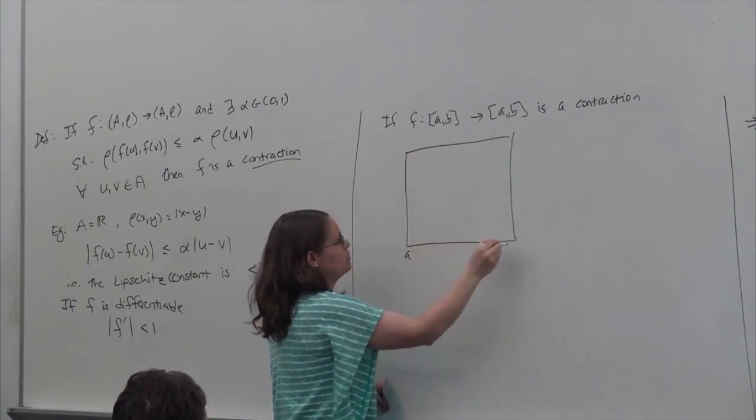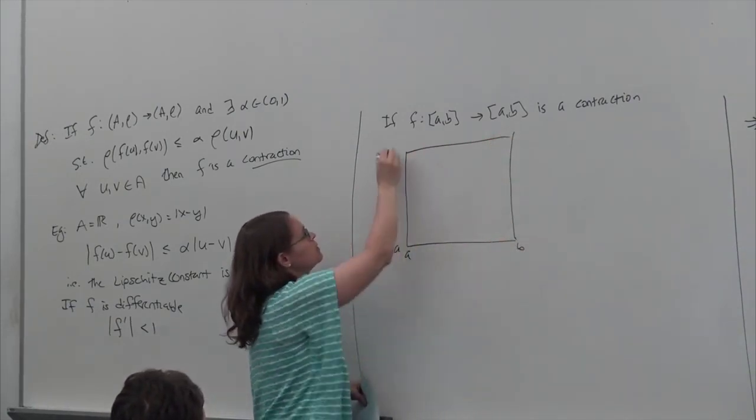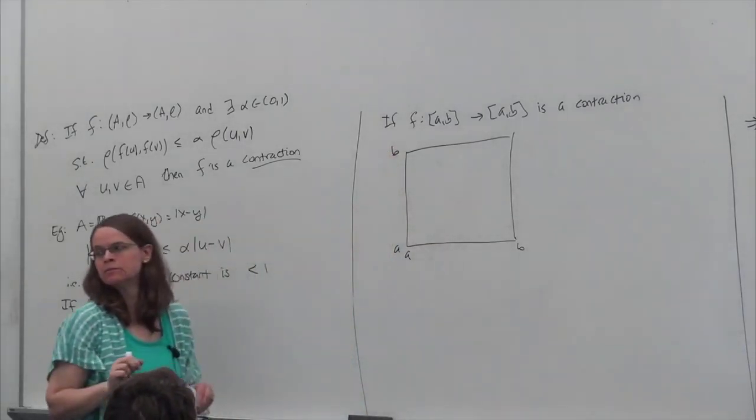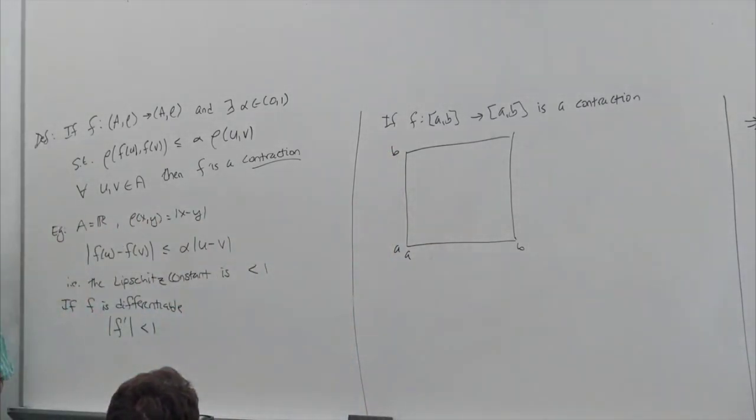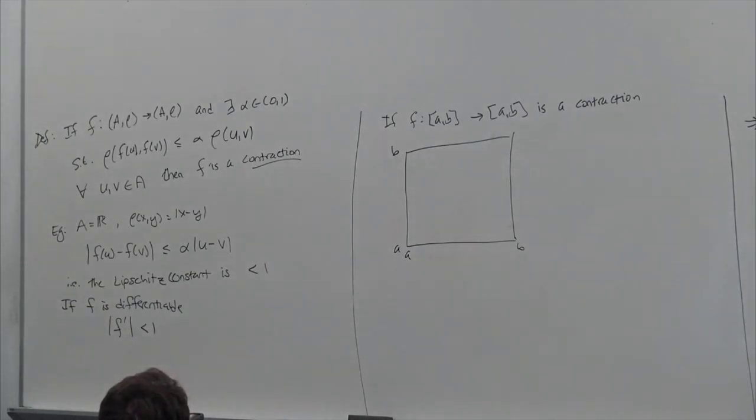So here's A to B on both axes. Now what I'm interested in is a fixed point.